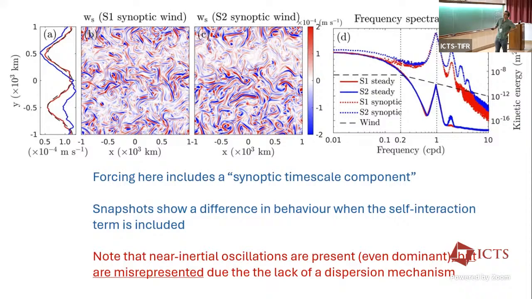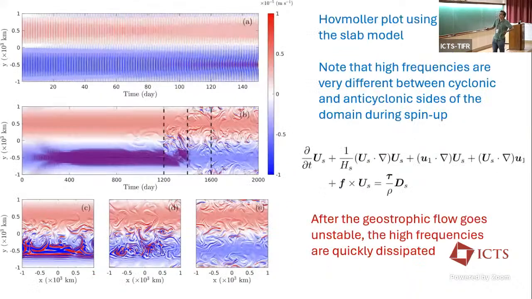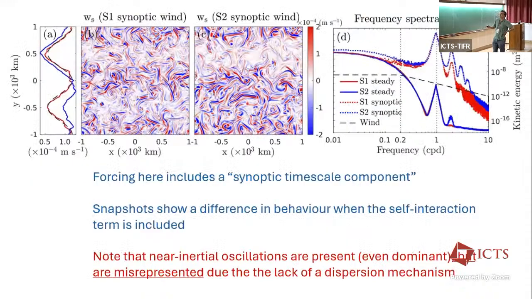So there's much more of the zeros to the left of here. So I get more activity on the anticyclonic side. So there's this difference of behavior. And then here I have near inertial, you can't even see the sort of wave number 1 structure of the flow because these are just much stronger, okay?